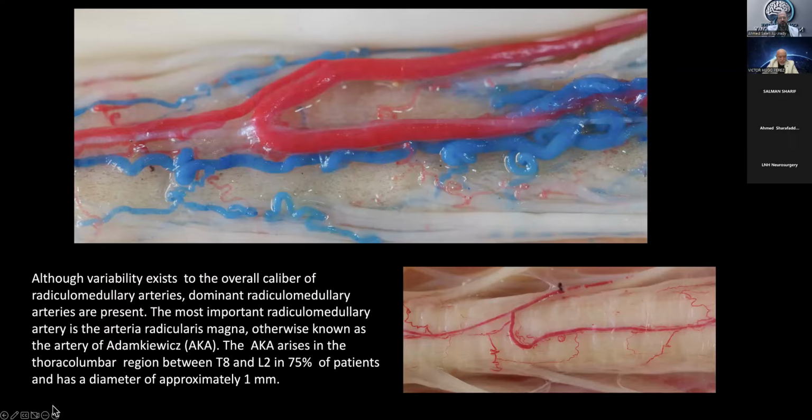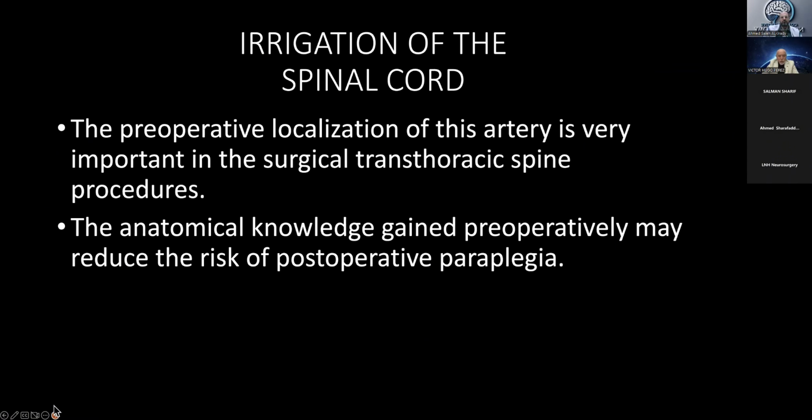The difference is very enormous. So for the irrigation of the spinal cord, the preoperative localization is very important, and the anatomical knowledge gained preoperatively may reduce the risk of postoperative paraplegia.